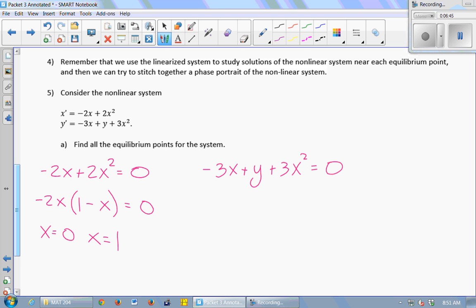So when x equals 0, we end up with y equals 0. So I have an equilibrium point at 0, 0. When x is 0, y is 0. All right, and then I'm going to plug in x equals 1 into this equation.